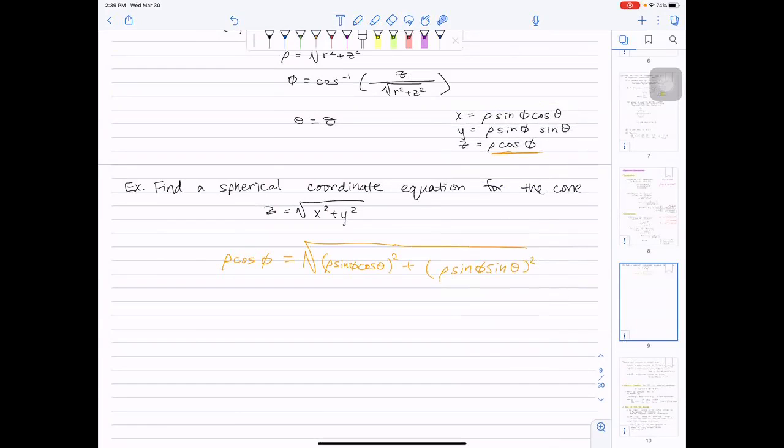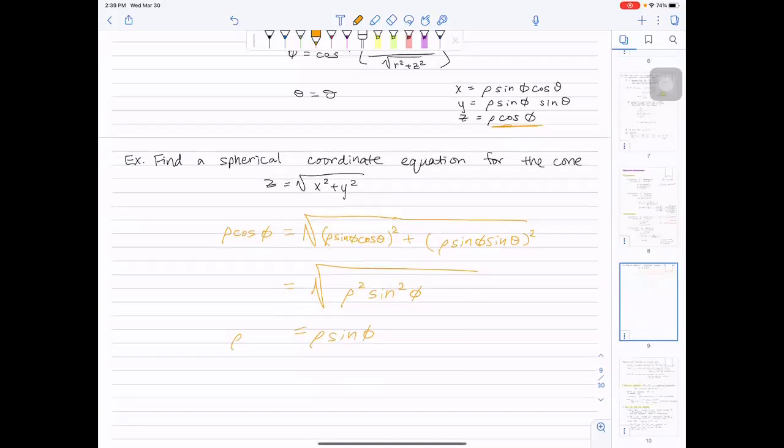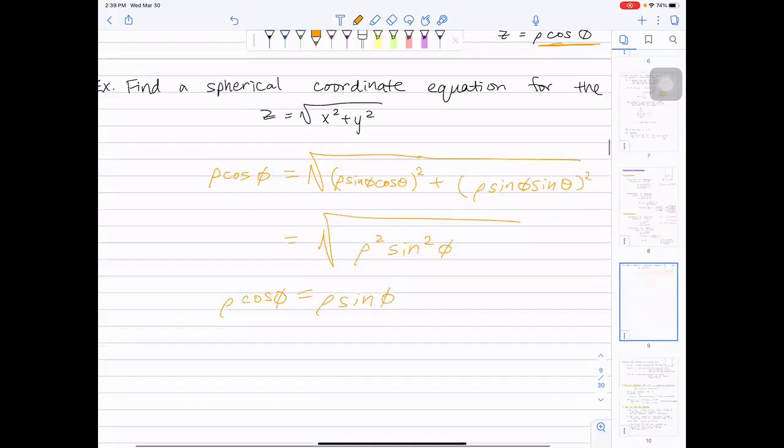When we have a cosine squared and a sine squared, this simplifies to 1. So you're just left with rho squared sine squared phi, or rho sine phi. So right now we have rho cosine phi equals rho sine phi.